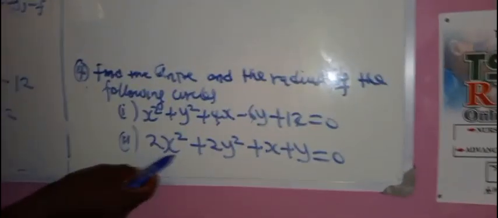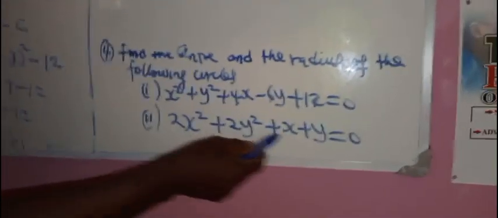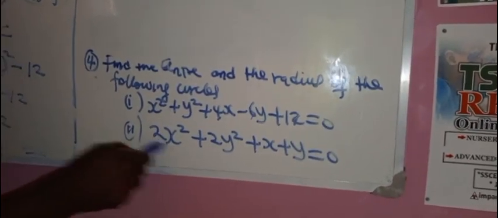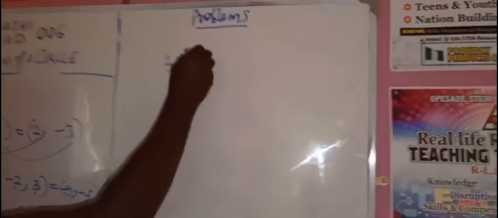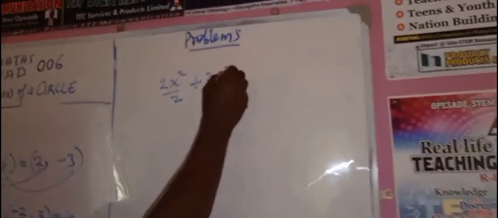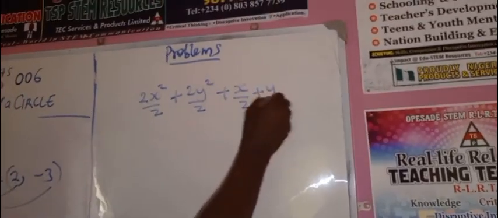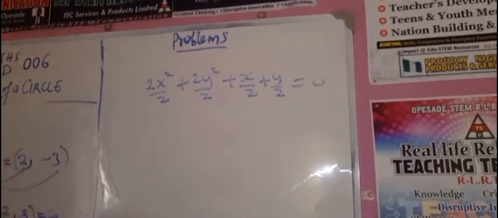Now, the last one there, before I look at 2 other questions here, before I add up this. Now, this one, 2x squared plus 2y squared, yes, this conforms to the equation of a circle because the coefficient of x squared and y squared is uniform. So, the first step is that you divide by 2 because you must make it 1. 2x squared over 2 plus 2y squared over 2 plus x over 2 plus y over 2 equals, you notice that there is no constant here.